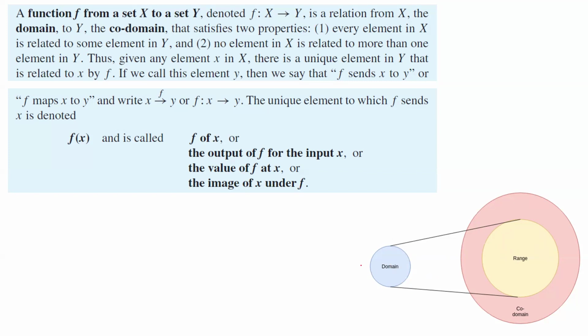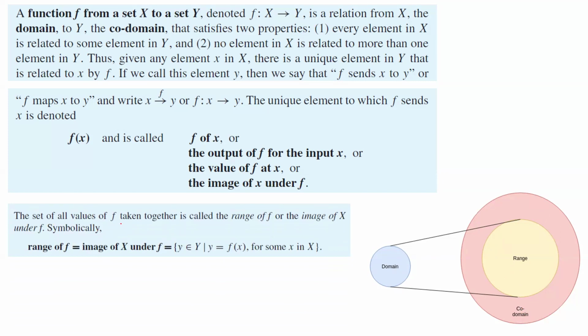So this visualization helps us make sure that we know it's not necessary that all elements in the codomain are part of the range. You have a function that maps everything in the domain. That's why you see all of the elements in the domain are taken to another set, which is called the range. And this set is a subset of the codomain.